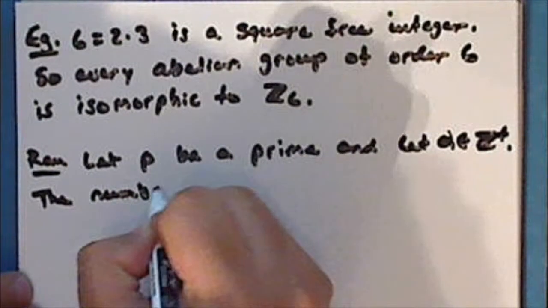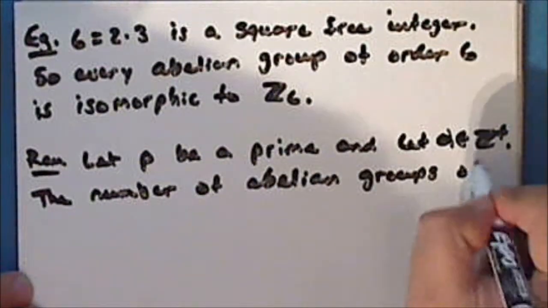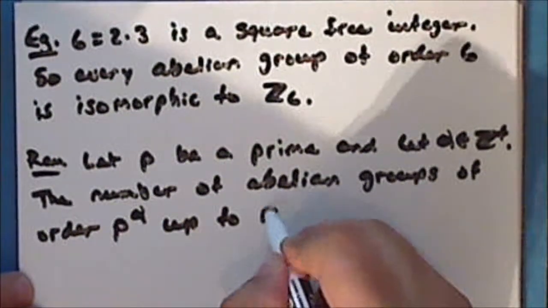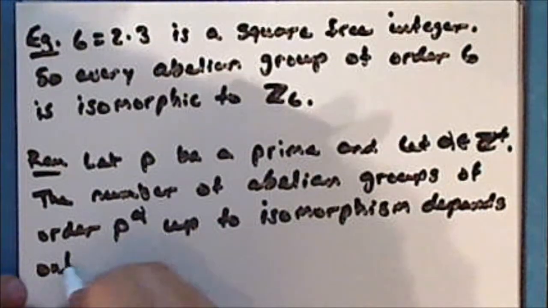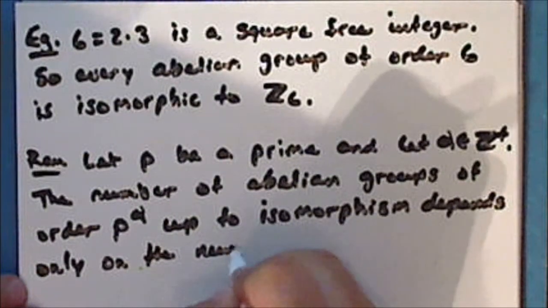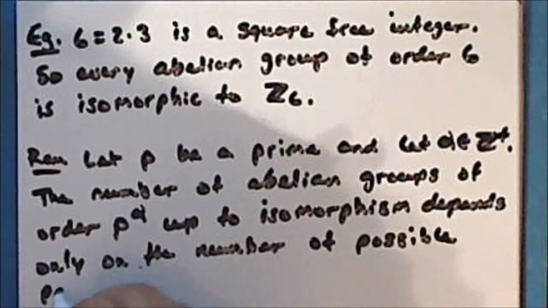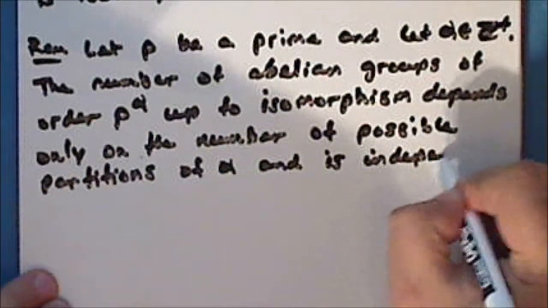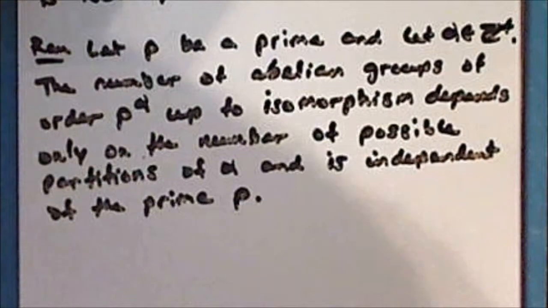The number of abelian groups of order p to the power of alpha up to isomorphism depends only on the number of possible partitions of the power of the prime, alpha, and is independent of the particular prime, p. So let's look at an example to clarify that.